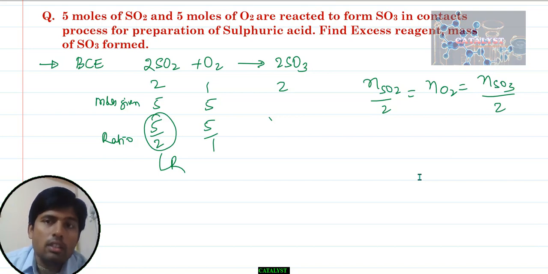Now I cannot consider these two and calculate the number of moles of SO3, because there is always a chance that we are given this number of moles of O2 and we can directly calculate SO3 through this. That is true only if both the reactants are limiting reagents.